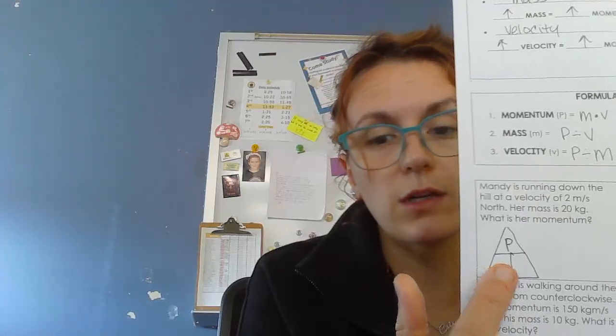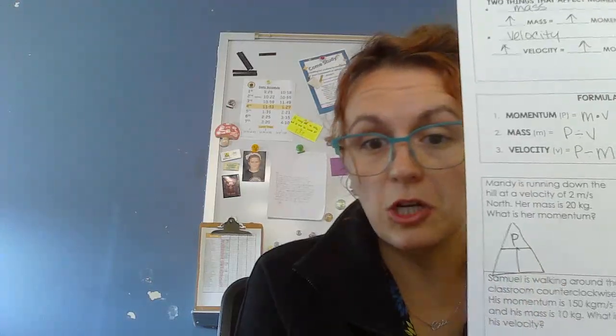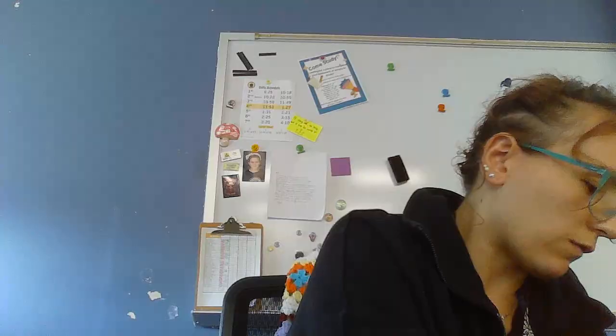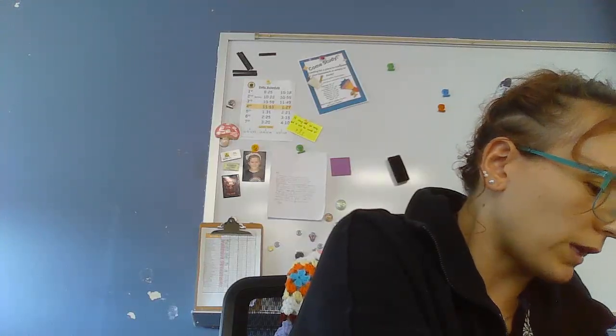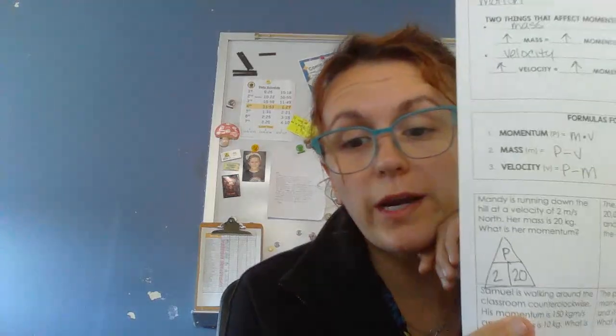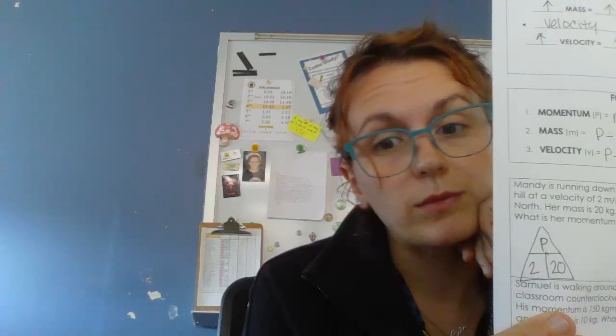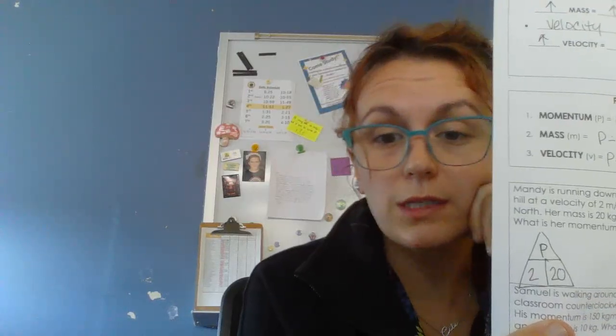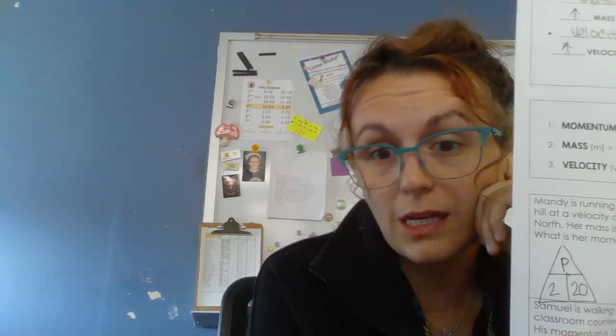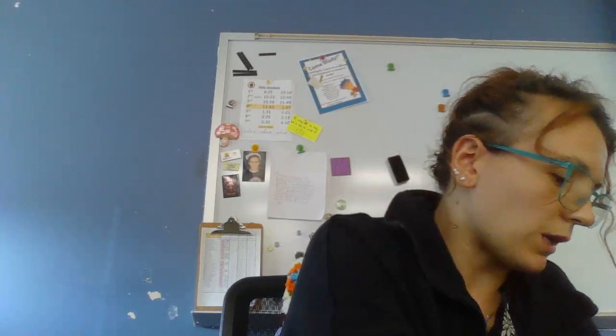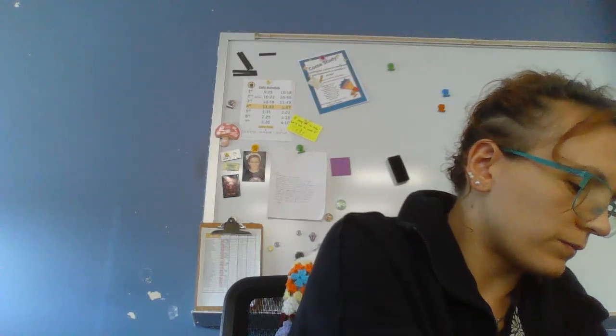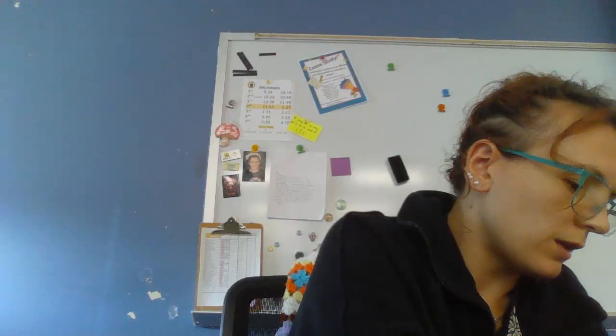So mass goes here, velocity goes here. Plug and chug. If they're right next to each other, what do we do? We multiply. So 2 times 20 equals 40.